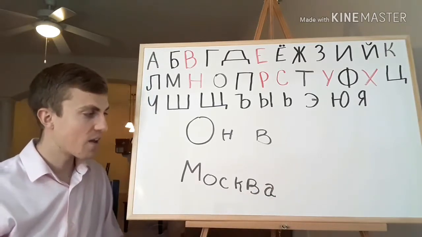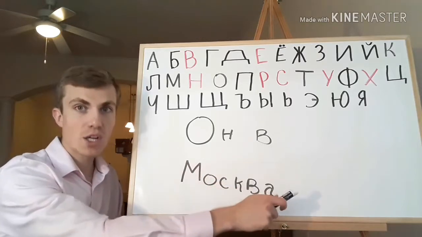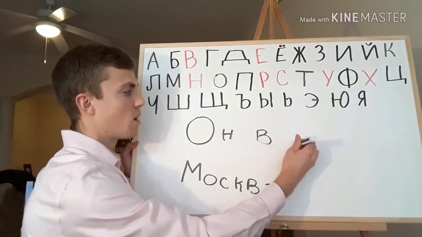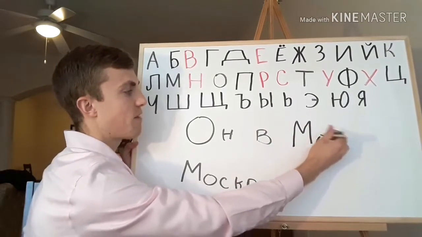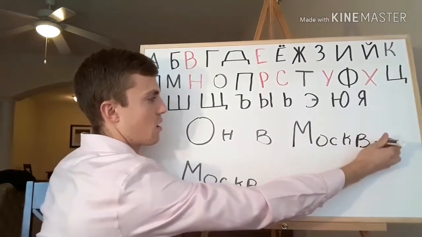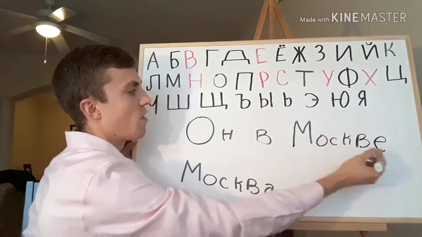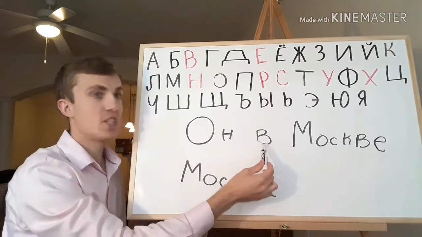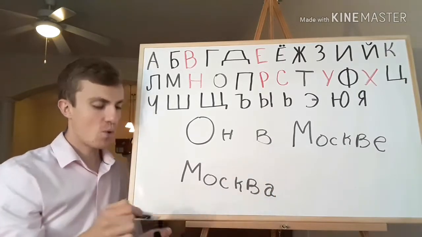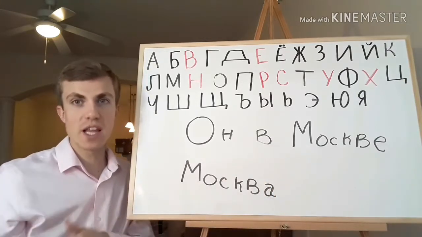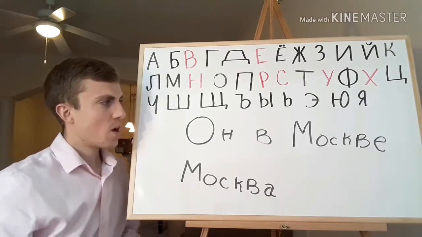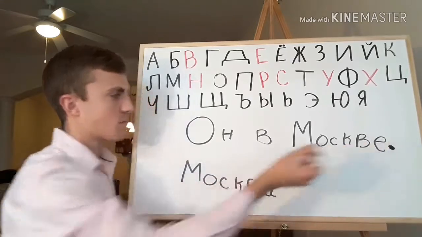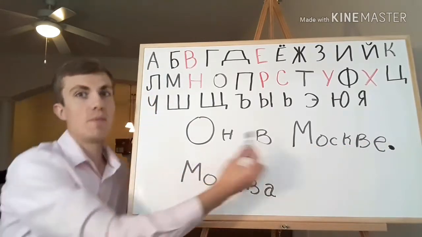So to say he is in Moscow, you can say on v Moskve. Okay, notice how the a changes to a ye when you have the preposition v in front of it. We will get to the specifics of that rule in a later video. But for now, you can simply learn this sentence, on v Moskve.